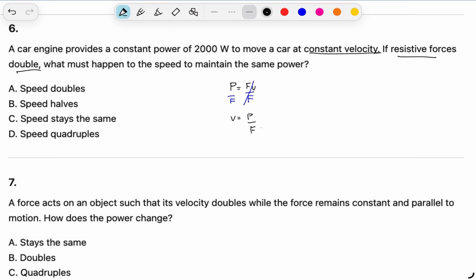So your velocity v is going to equal P over 2F. That's equal to 1 over 2 times V. So basically you just put 2F instead of just F. So then you now have a coefficient in front that says it's going to be half of your velocity. So your speed is halving.